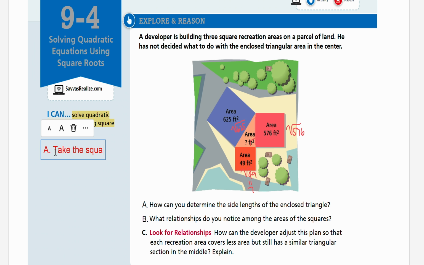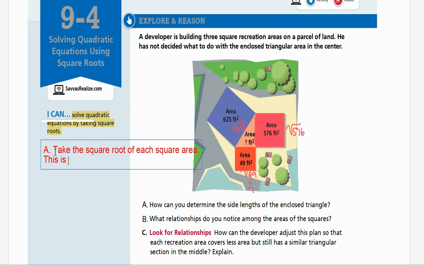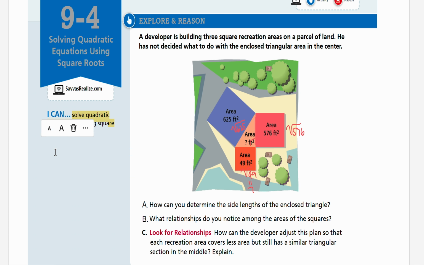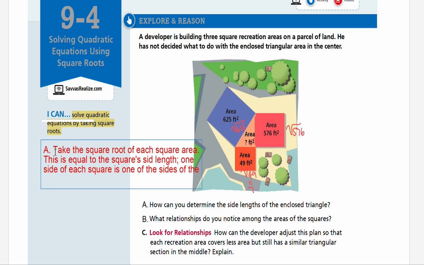Take the square root of each square area. This is equal to the square's side length. And one side of each square is one of the sides of the triangle.